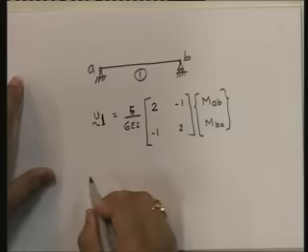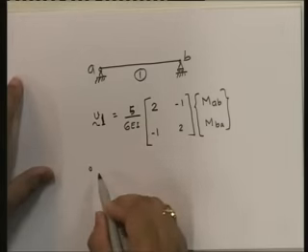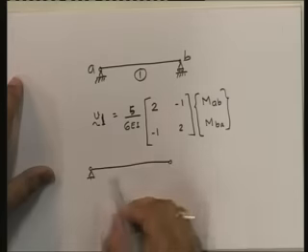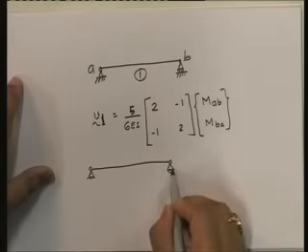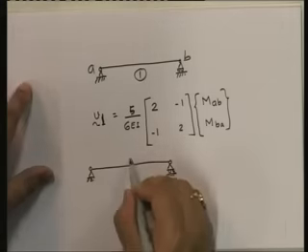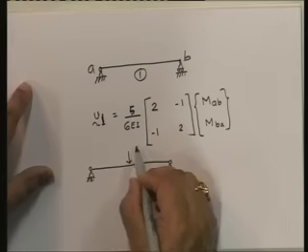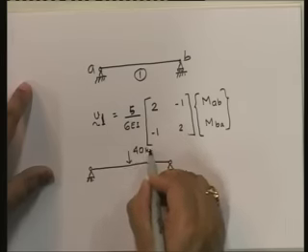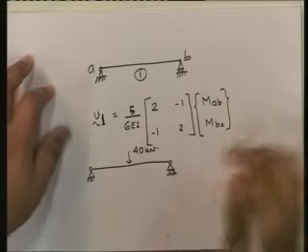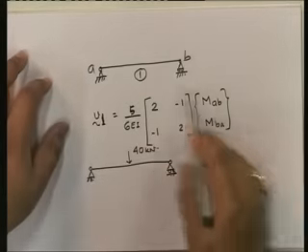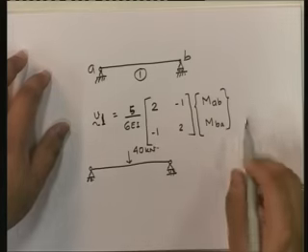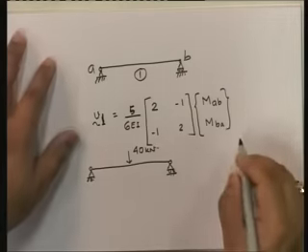Now, for member 2, this has a load of 40 kilonewton acting here. So the first thing that we have to do, understand that v2, the first part is this, but there is an additional vector v20 that we have to write down.